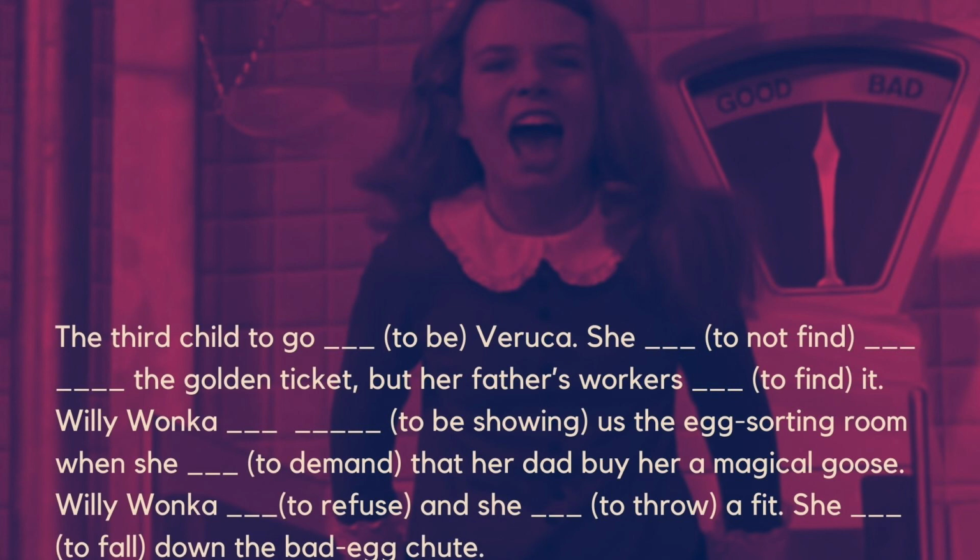Willy Wonka to be showing us the egg sorting room when she to demand that her dad buy her a magical goose. Willy Wonka to refuse, and she to throw a fit. She to fall down the bad egg chute.